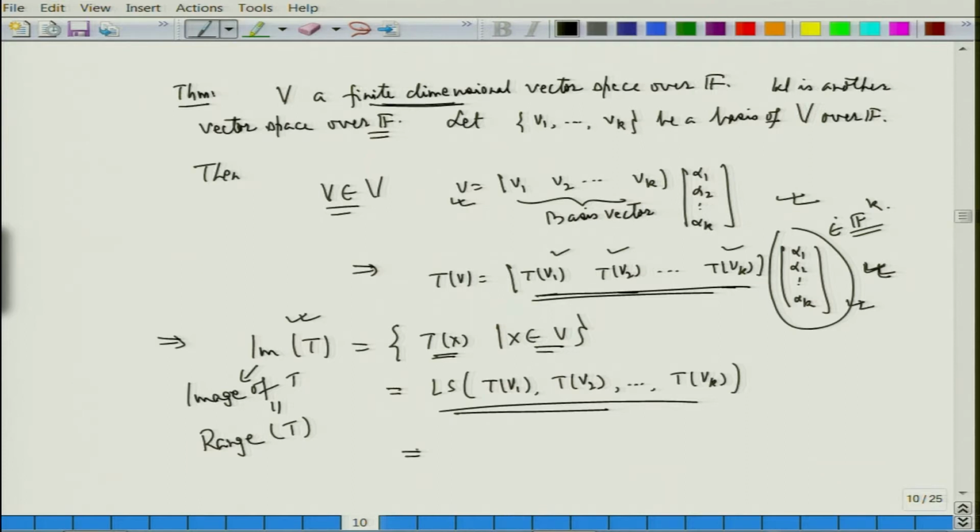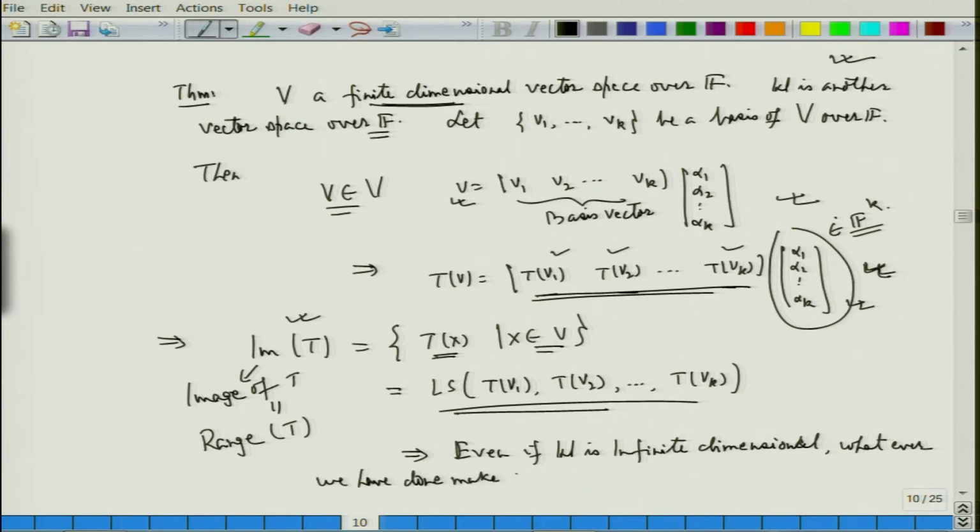This will imply that even if W is infinite dimensional, and even if V is finite dimensional, everything makes sense.